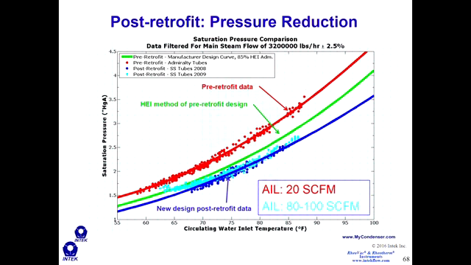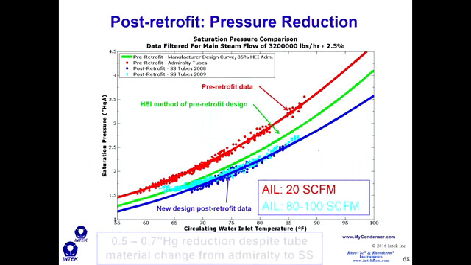Now, another thing I want to point out is that this data was obtained when air in-leakage into the condenser was 20 SCFM. This data in the teal was obtained when they were operating at 80 to 100 SCFM of air in-leakage. So not only did we reduce the condenser pressure, but the changes that we made made this condenser more immune to the effects of air in-leakage.